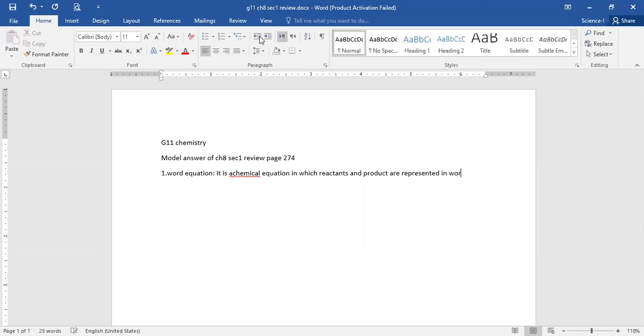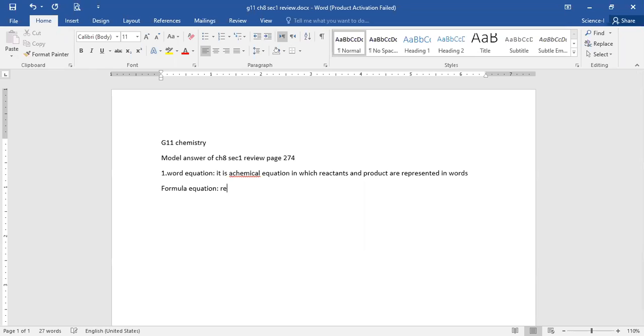Good. Well, formula equation uses symbols and formulas. So formula equation, the same, we said that just here they are gonna be represented in formulas.